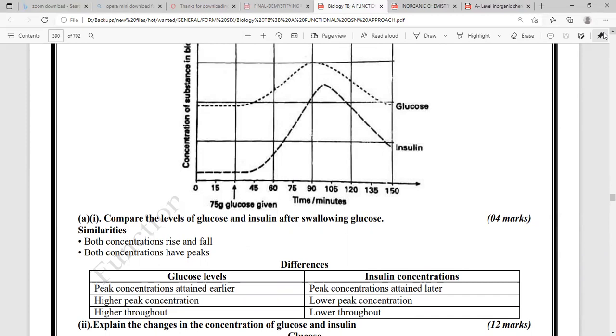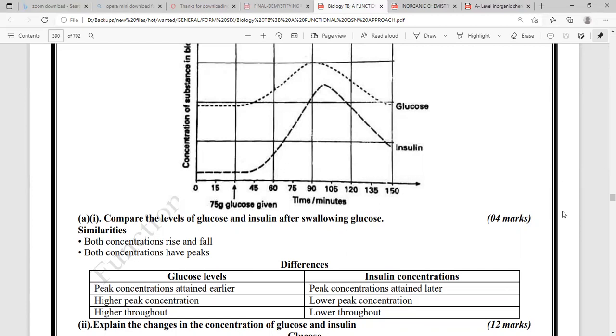Glucose levels have a higher peak concentration, whereas insulin has a lower peak concentration. And throughout, the concentrations of glucose are higher than the concentrations of insulin.